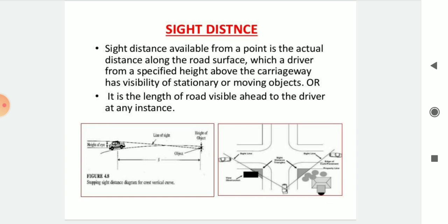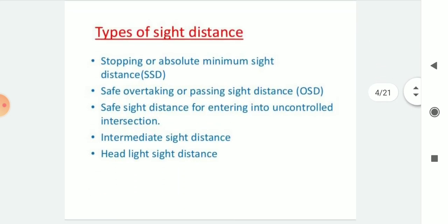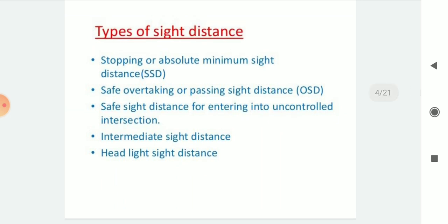That means sight distance is nothing but the distance which is required to see the different objects which are visible ahead to the driver at any instance, which is taken as 1.2 meters always. You can see the diagrams which show the sight distance. As already discussed, SSD, OSD and intermediate sight distance are the three different types of sight distance.